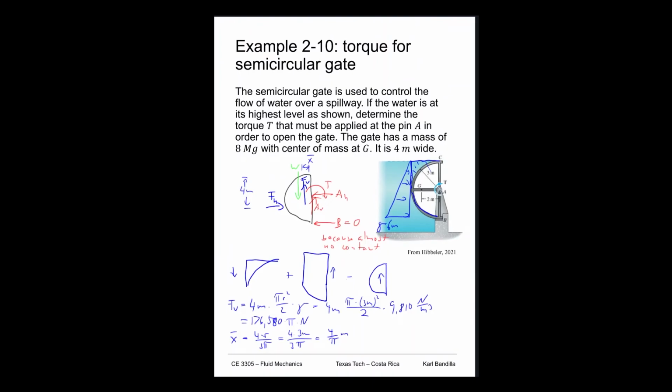Then we have FH. FH is also turning counterclockwise. And we said from the top to where it acts is 3 meters. That is 4 meters. So from A downward, that's just 1 meter.